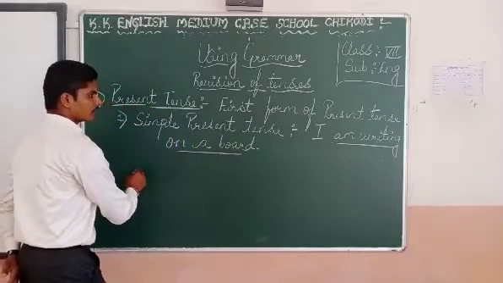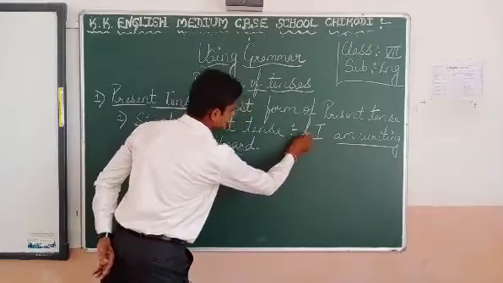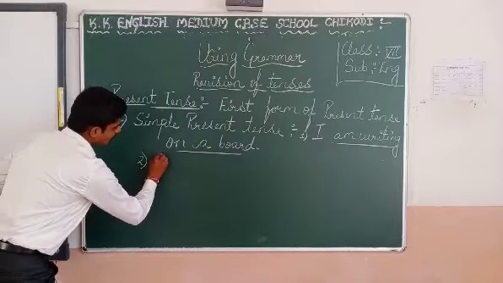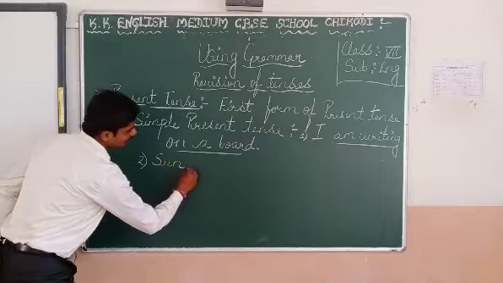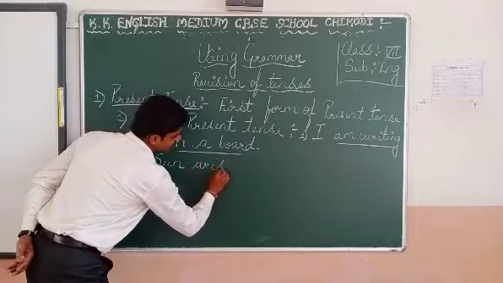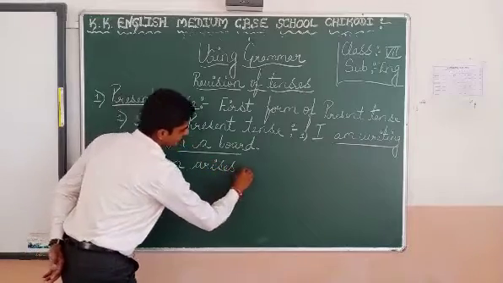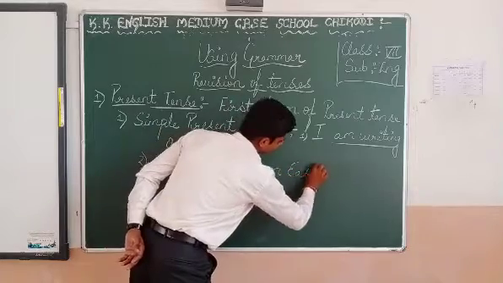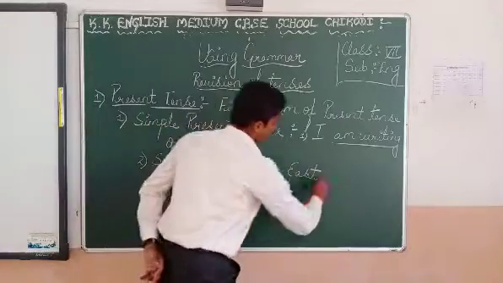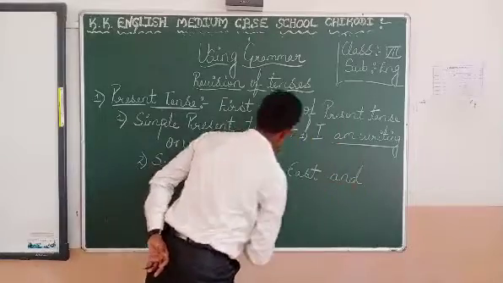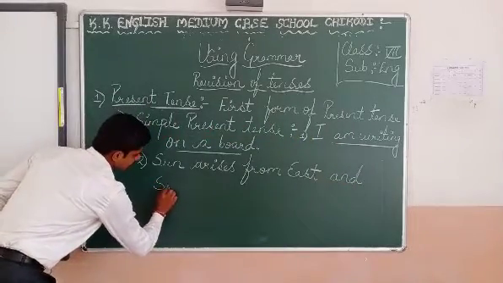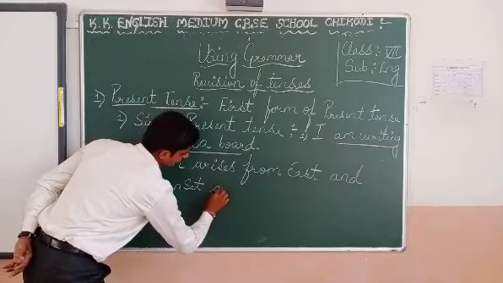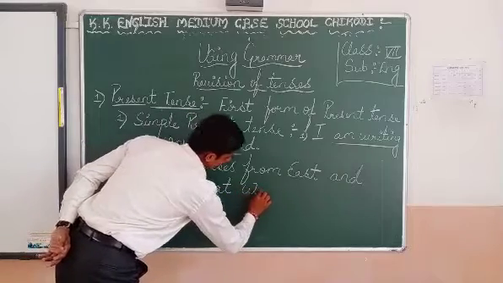Let's take another example for simple present tense. Let's take it as one and take another one, which is simple. Okay, let's say sun arises from east, and sunset at west.